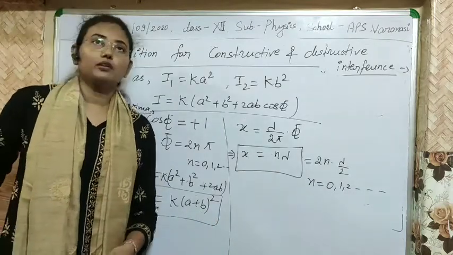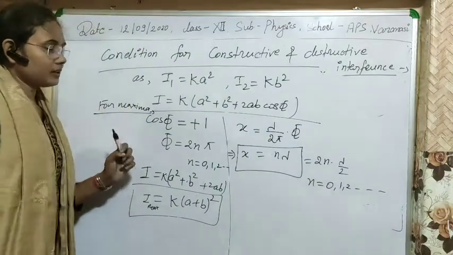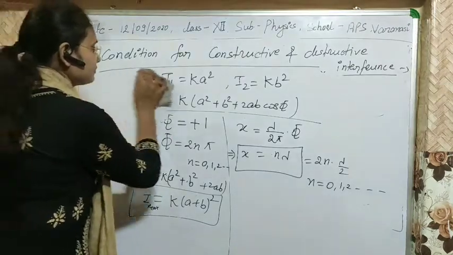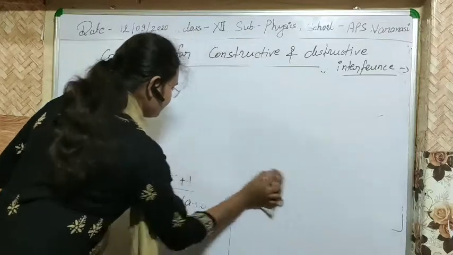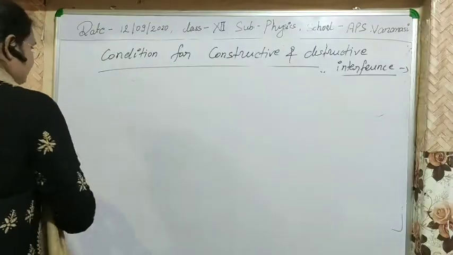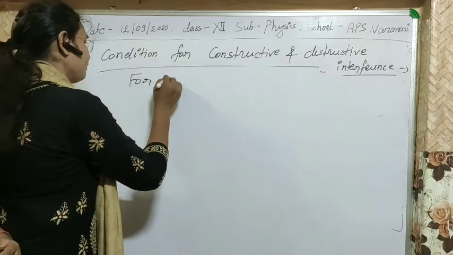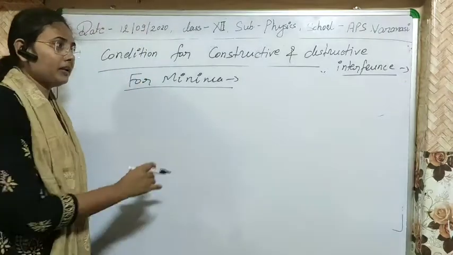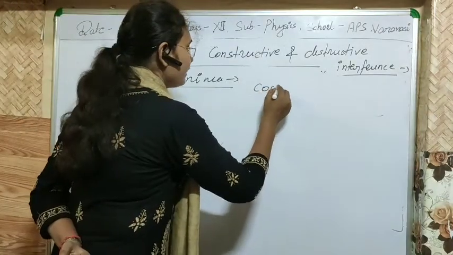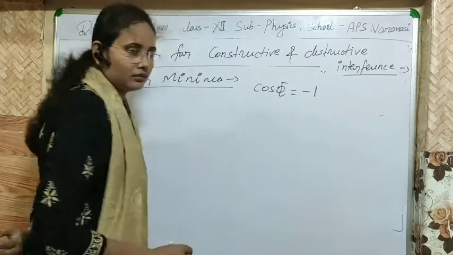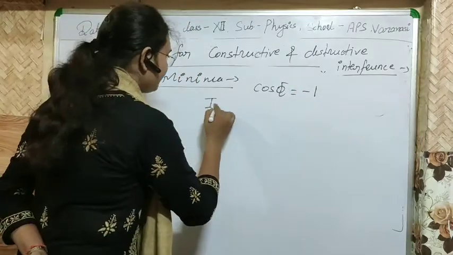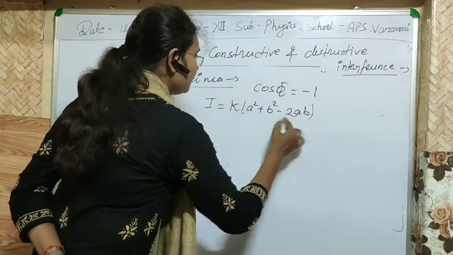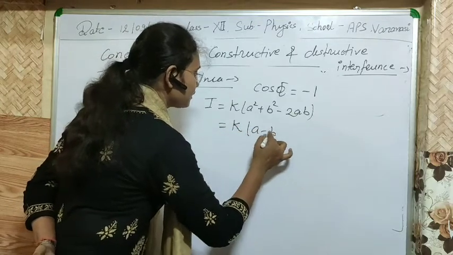Similarly, we can find out minima or destructive interference in case of Young's double slit experiment, since you know that to obtain minimum intensity cos phi should be minus 1. It means I will be k a square plus b square minus 2ab, and it will be k, a minus b whole square.